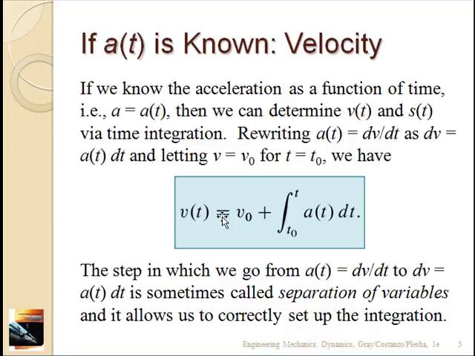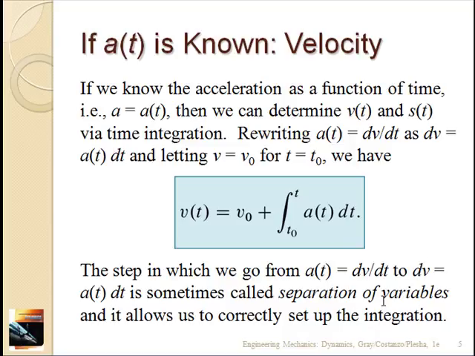And then we integrate, and we get v of t is v naught plus integral t naught to t a of t dt. So if we're given the acceleration, want to know the velocity, you just integrate it. That is, if we're given the acceleration as a function of time, we just integrate it from t naught to t, and that gives us that v is v naught plus that integral. Okay.